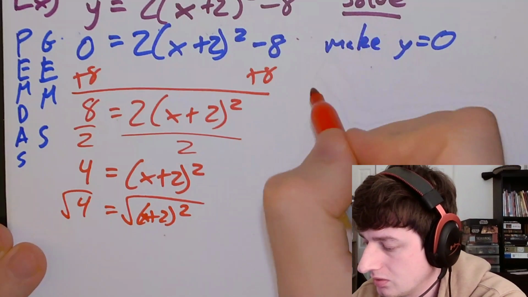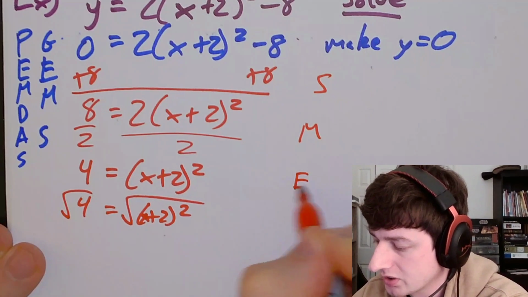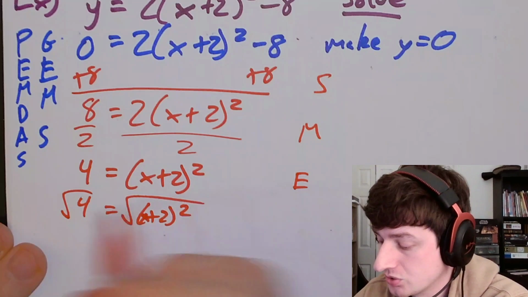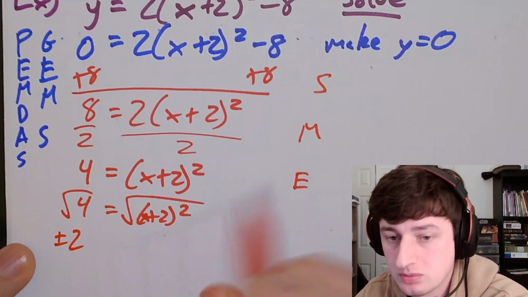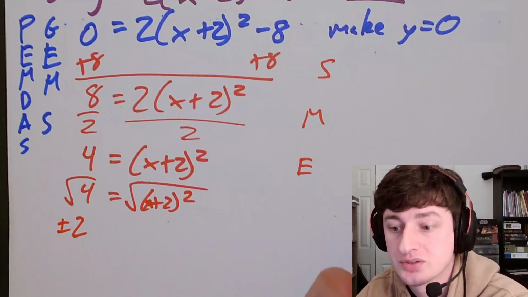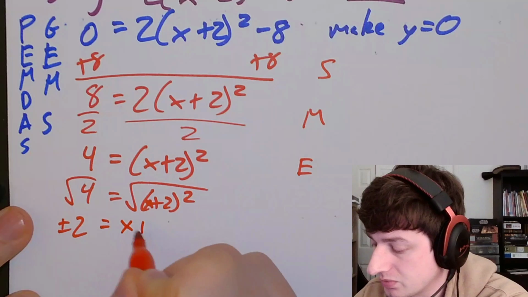So here we did sum, we did multiplication, we're doing our exponent, and our grouping symbols. So this becomes plus or minus 2, right? Square root of 4 could be negative 2 times negative 2 or positive 2 times positive 2. And so this equals x plus 2.